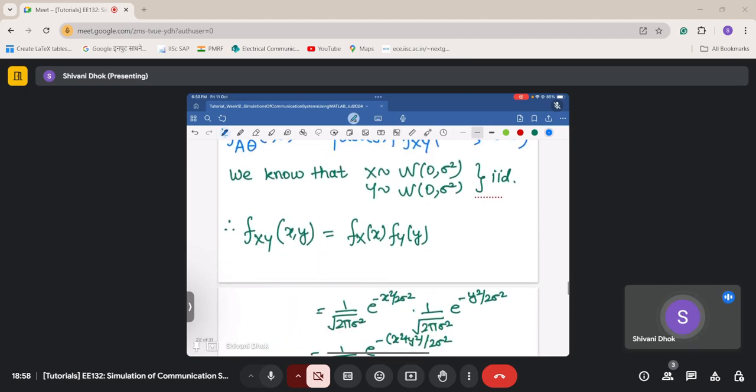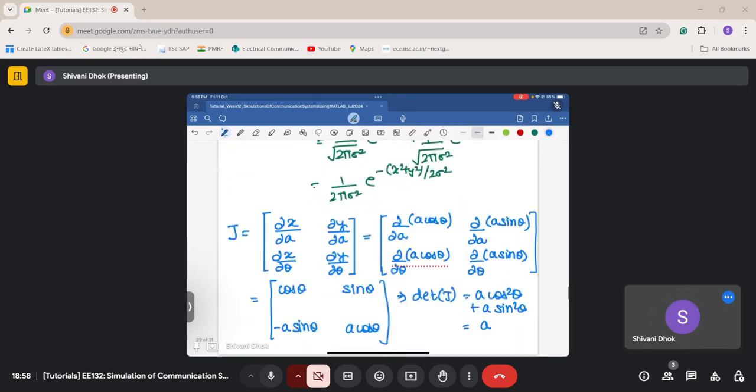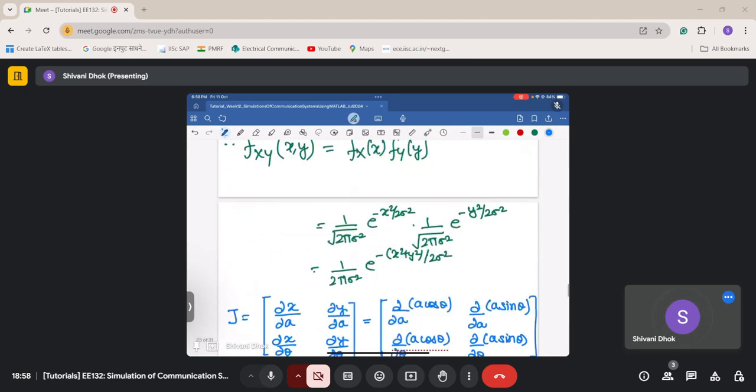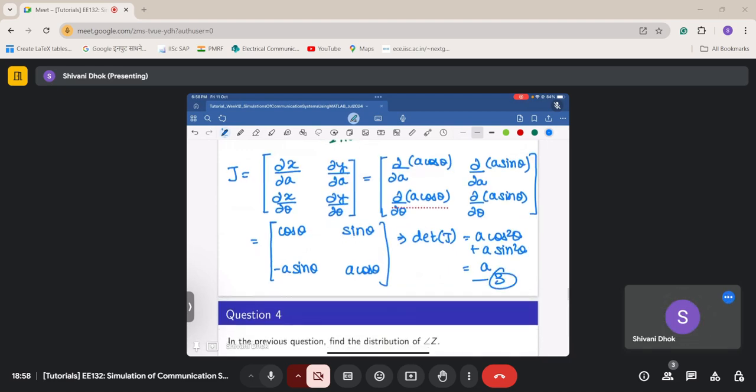So let us substitute these two things back in the equation. Let me number the equations: this is 1, this is 2, and this is 3.